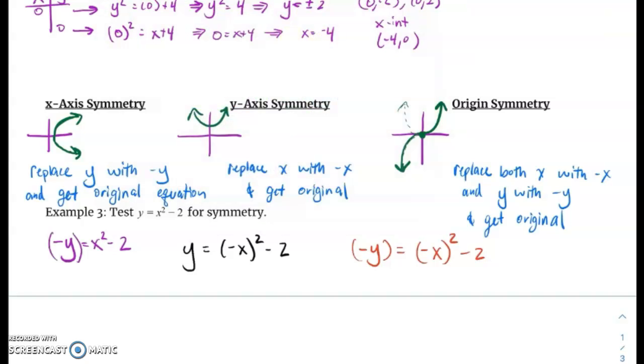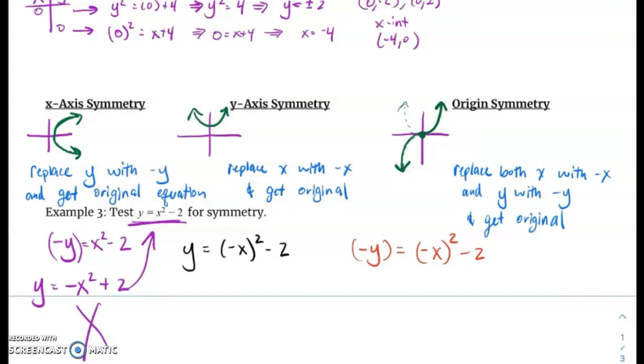Okay, so in the purple one, where we only replaced the y, I'm testing for x-axis symmetry here. If I want to solve for y, because I'm trying to get back to the original, I would have to divide the negative to the other side. So that's going to give me negative x squared plus 2. And we notice that that has changed, so it does not have x-axis symmetry.